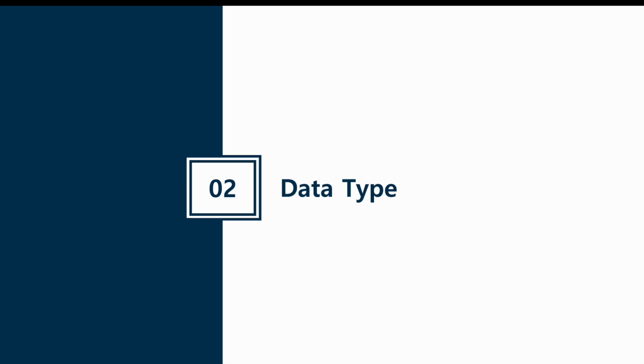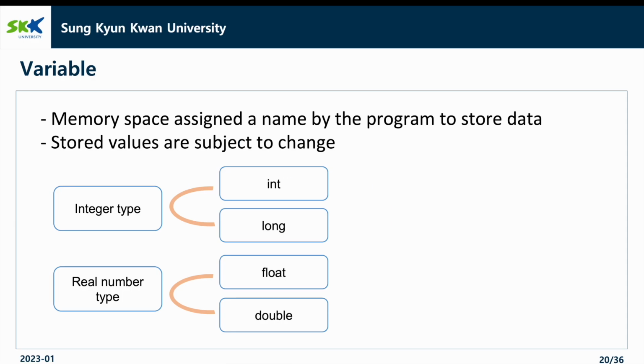This time, we will learn about the data types of C. Variable means the amount of memory that is assigned a name by a program to store the data. In other words, a variable means the amount of memory in which data can be stored, and these stored values can be changed.